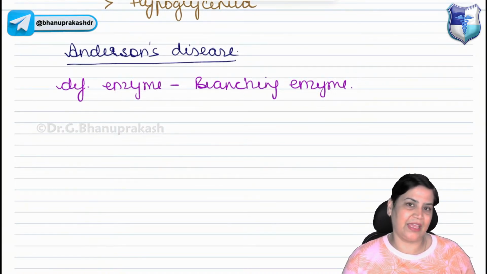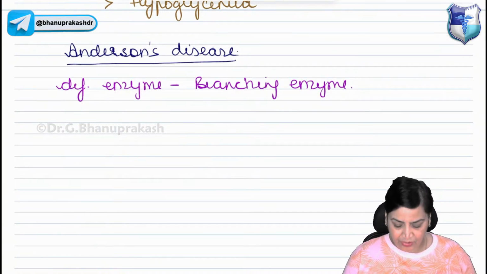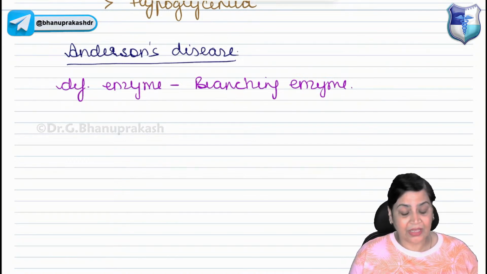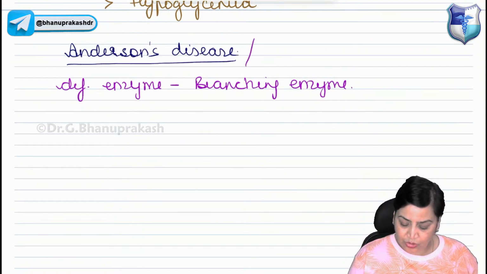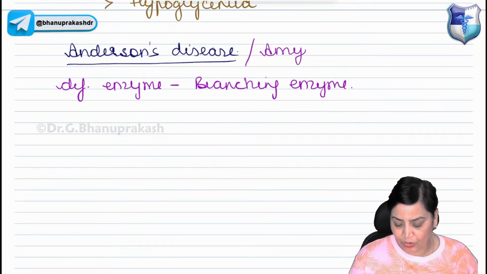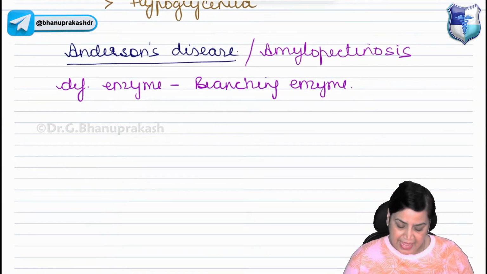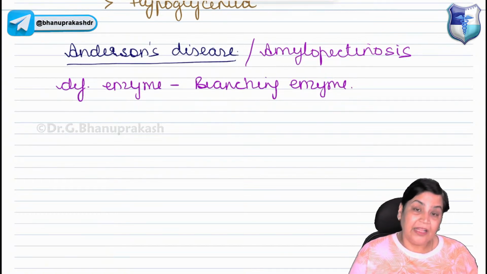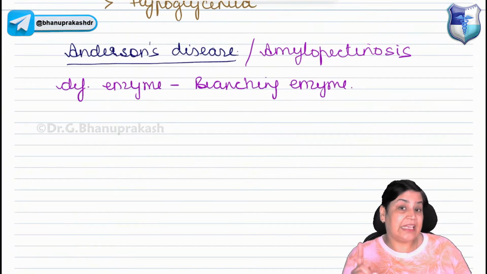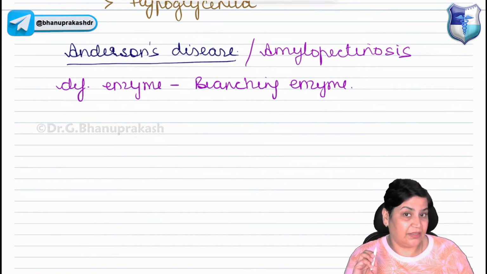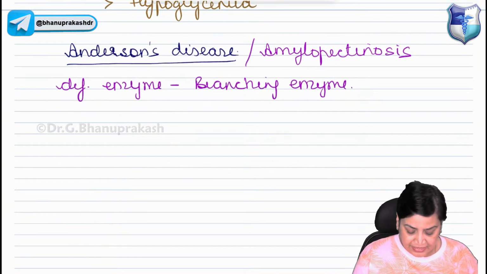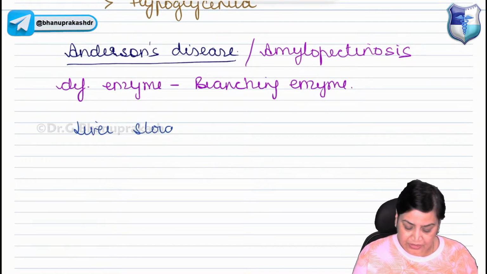Amylopectin will start accumulating. Because branching is not there, it is also known as amylopectinosis. And here basically again it is a liver storage disorder. Okay, so I can simply write it is a liver storage disorder.